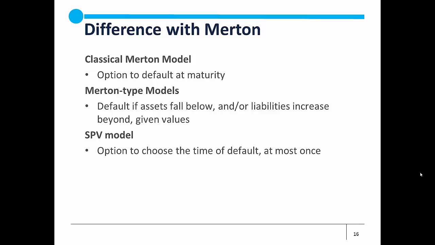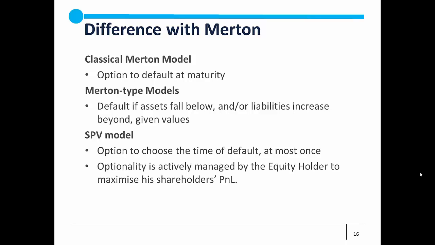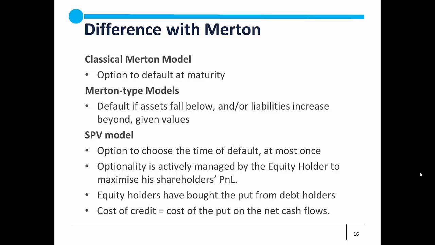In our SPV model, we have an equity holder who has an option to choose the time of default. He can default anytime he likes, but at most once. So once he's exercised that option, he loses everything, including the option. So the equity holder obviously has to actively manage this optionality in a way that will maximize his shareholders' P&L. The equity holders have, as we said, bought this put from debt holders, and the cost of credit is the cost of this put on the net cash flows.